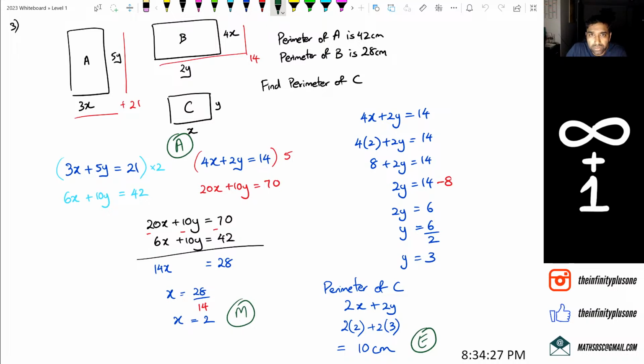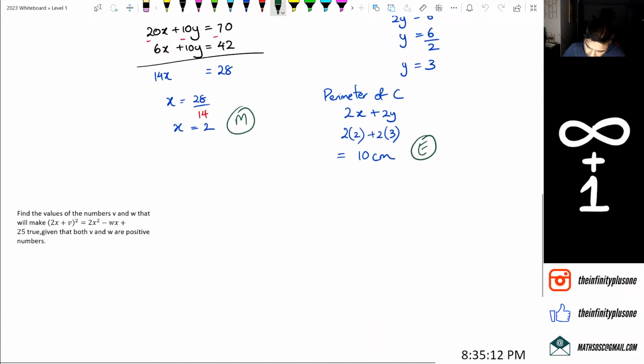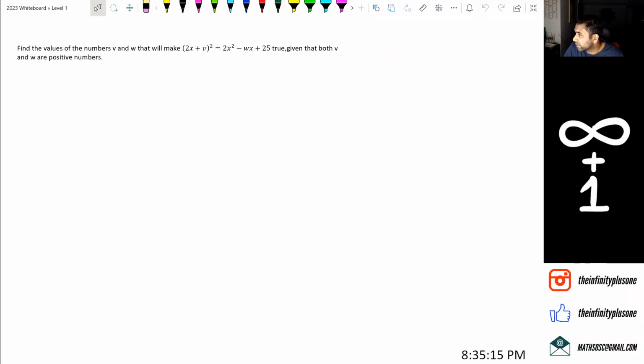Insert equation. I'll make it a bit tricky for you. All right, so here comes the next question, which might look complicated, but in reality it's actually not too bad. So I'm just hoping that it'll load up and then you guys can have a go at it.